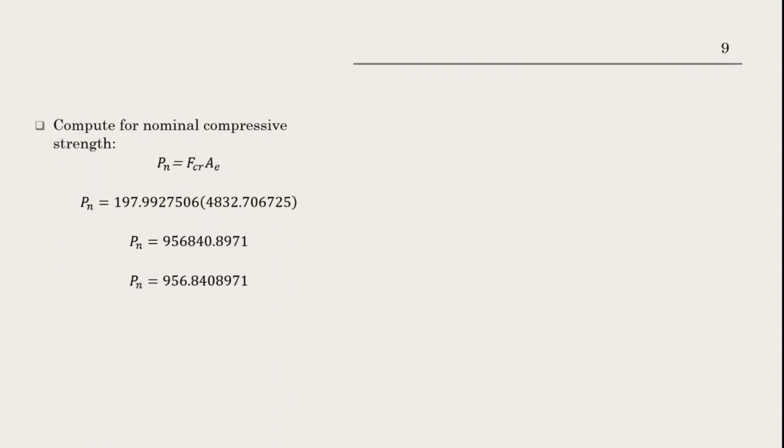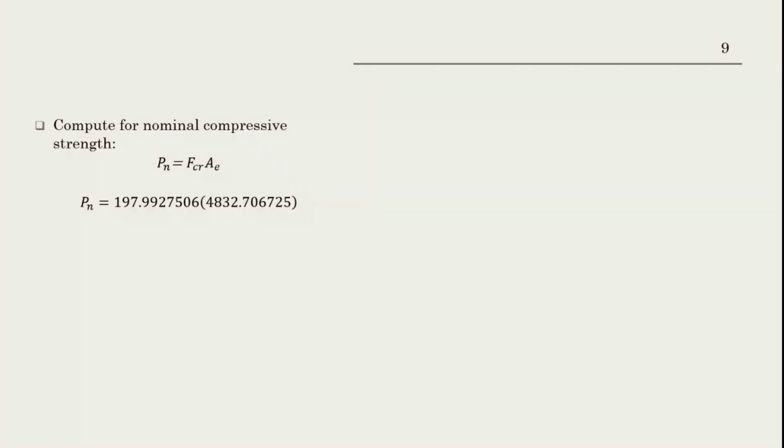After computing the nominal strength Pn, we can compute the LRFD strength by multiplying it by the resistance factor for compression members, that is 0.9. So 0.9 times 956.84, we have 861.1568074 kilonewton.